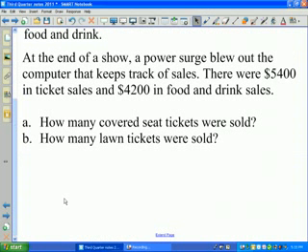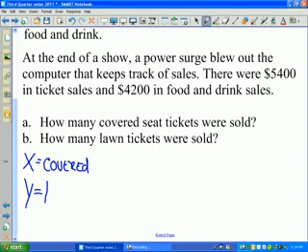So right then and there, first things first, tell me what my variables are. What are they going to represent? Most people will say X and Y. So X is going to represent my covered seats, and Y will represent my lawn seats.